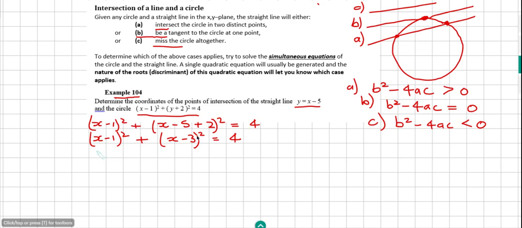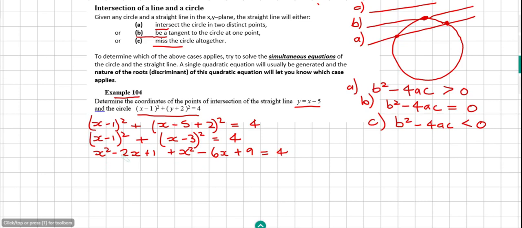So if I do that, I get x squared minus 2x plus 1 from squaring out the first bracket. If I square out the second bracket, I'll get x squared minus 6x plus 9. That's still equal to 4.